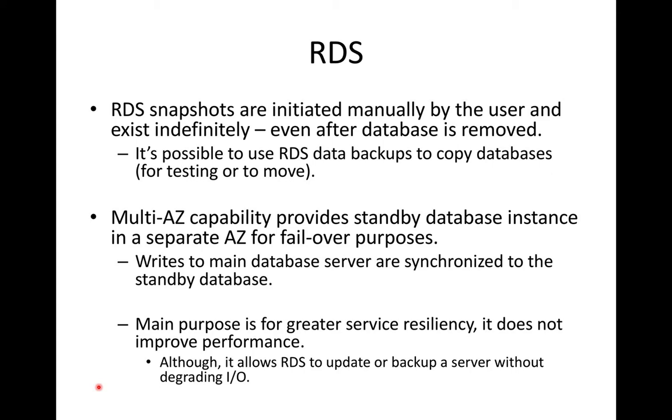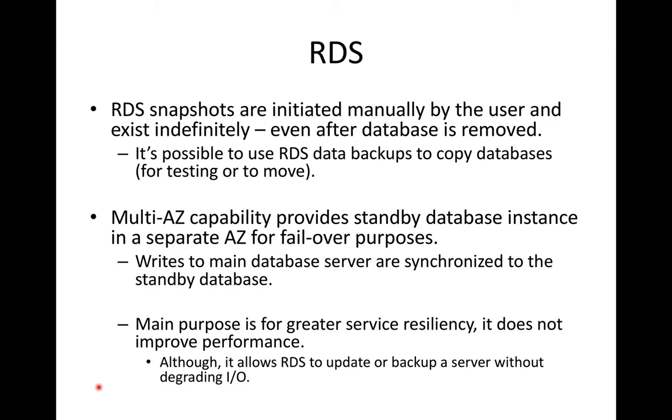With a single instance, all your data is running on essentially a single server. And if that server or the availability zone that server is running in goes down, then you would lose access to your data. Many of these databases provide multi-AZ capabilities, meaning that you can actually cluster the database across multiple availability zones.